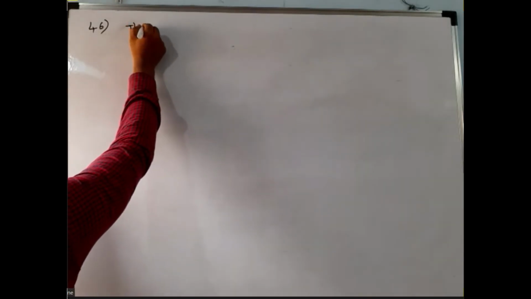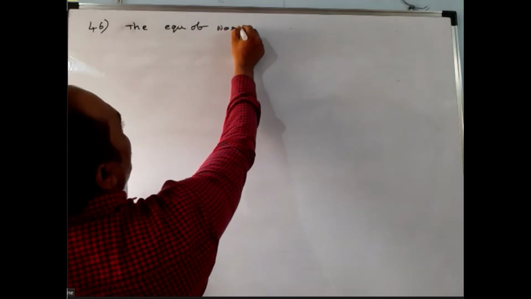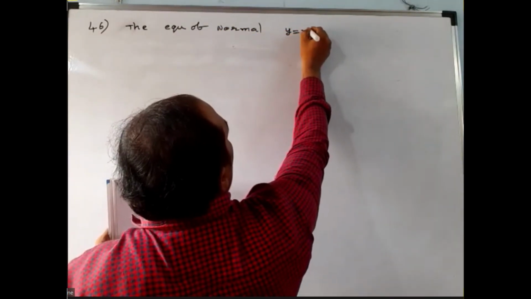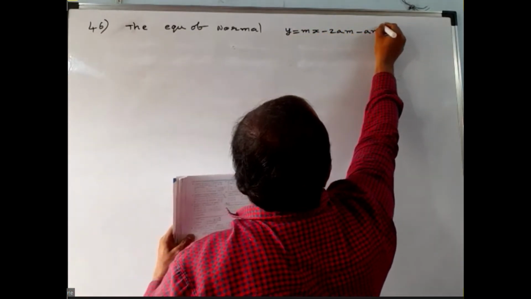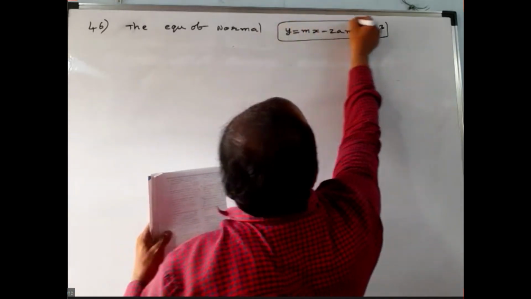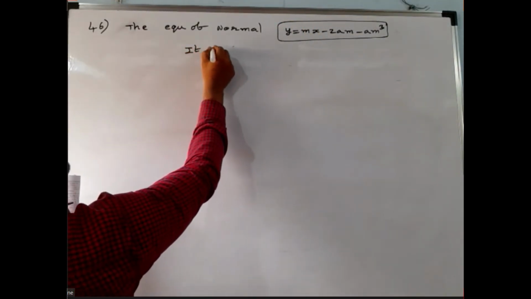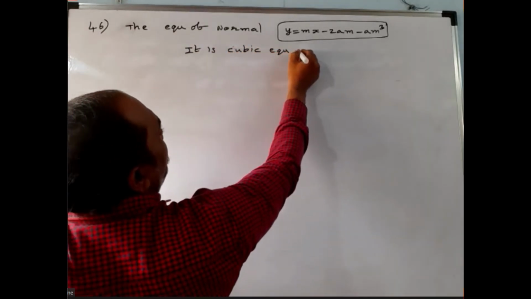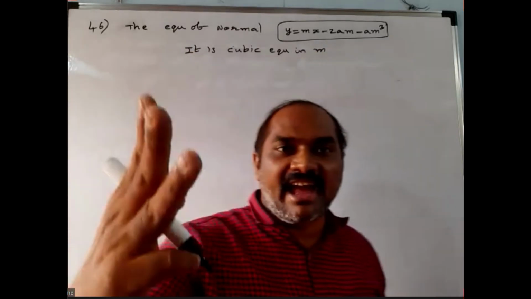The maximum number of normals that can be drawn. Very good, stop there. The equation of normal. Anybody say? The equation of normal with slope m. Students, how many m values here? 3. It is a cubic equation in m. So m has a maximum of 3 values.